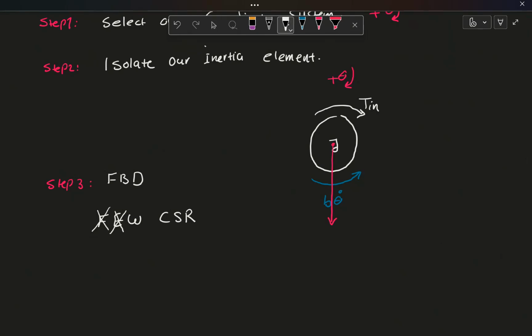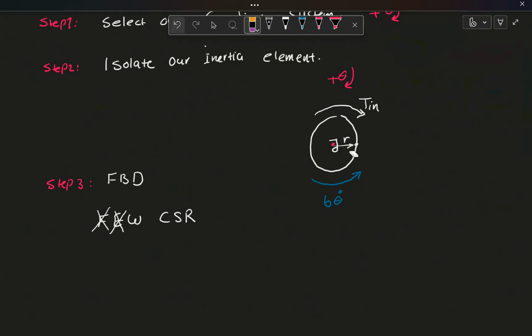For instance, if weight was applied over here instead of at the center of rotation, that would be a totally different story, because that force would have had an arm like this, and the cross multiplication of that arm and force will generate a torque for me.